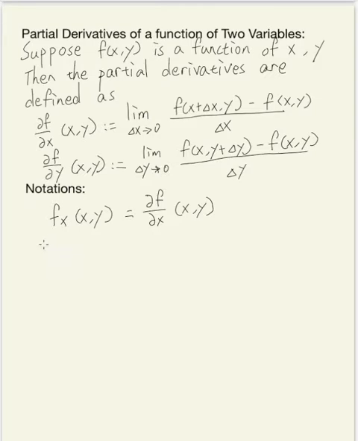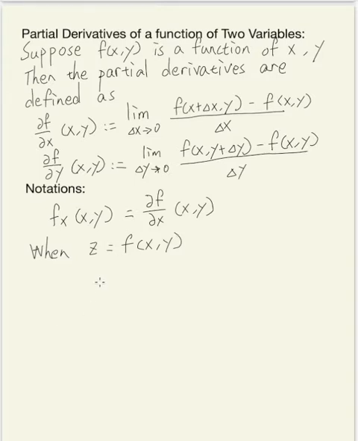And another thing is that sometimes we write z equals a function of x and y. This is, for example, when we have a solid in three-dimensional space, and the height is a function of the x and y coordinate. So instead of writing f of x and y, sometimes we write, say, z equals 2x plus 3y.